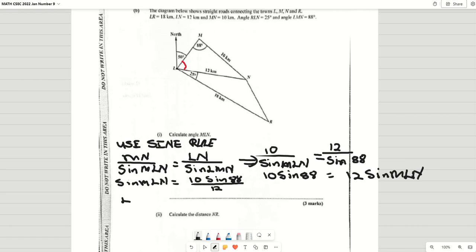So therefore angle MLN is sine inverse open bracket 10 sine 88 over 12.